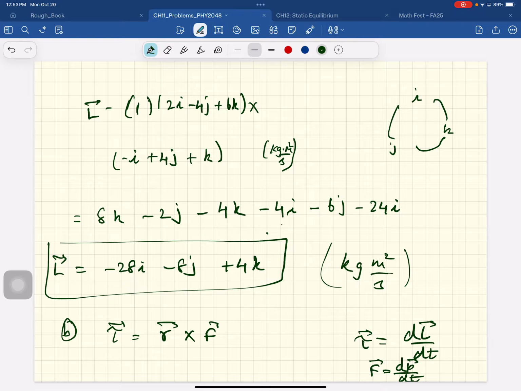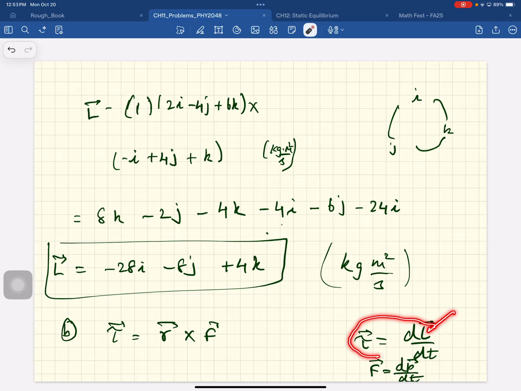This equation is good as long as you calculate the angular momentum and the torque about the same point, and that's what we're doing in this problem. You can't calculate the angular momentum about one point and the torque about another point, because then that equation won't be good. And that makes sense.